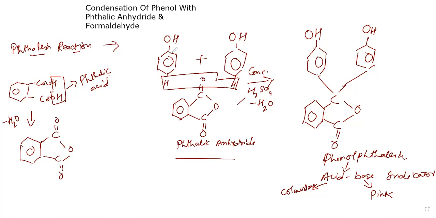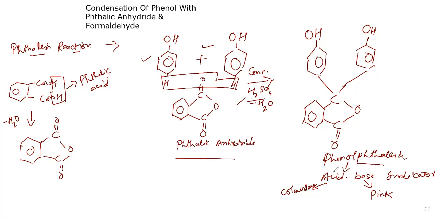Just remember, 2 molecules of phenol condense with 1 molecule of phthalic anhydride at low temperature in presence of concentrated sulfuric acid to form this phenolphthalein. It is easy to make this structure. You know how to make phenol, you know how to make phthalic anhydride now. So you just have to eliminate a water molecule like this, and the rest of the structure will remain as it is.